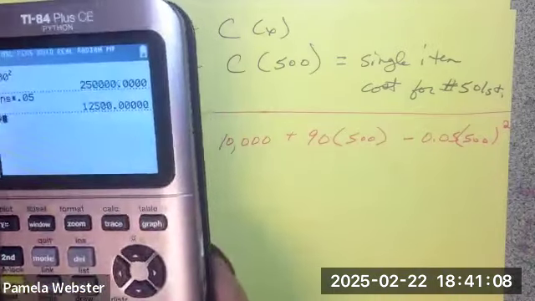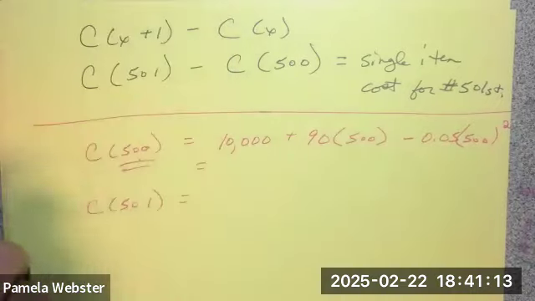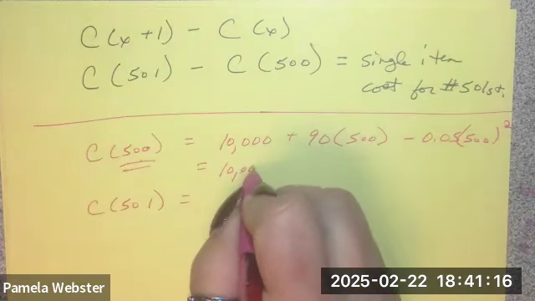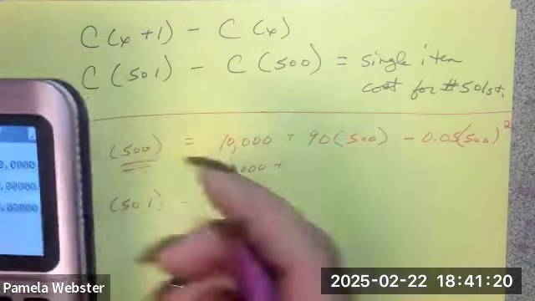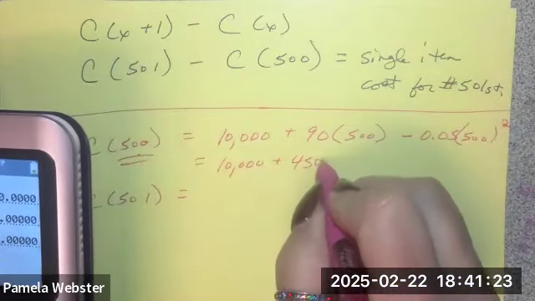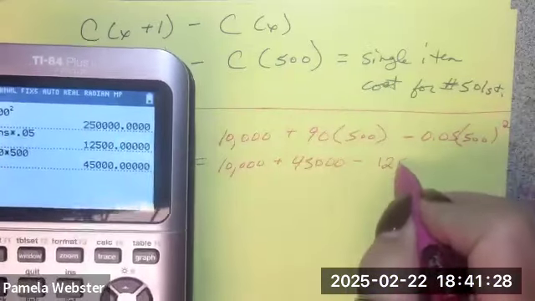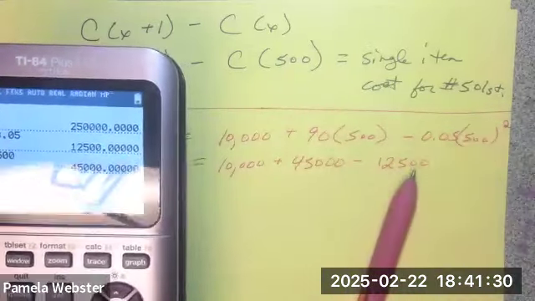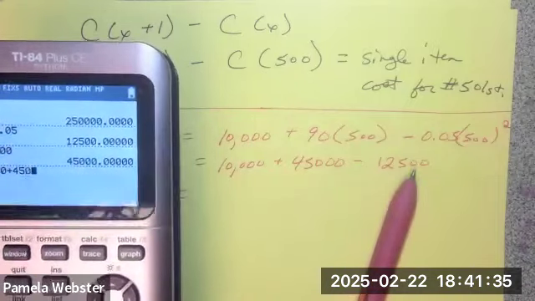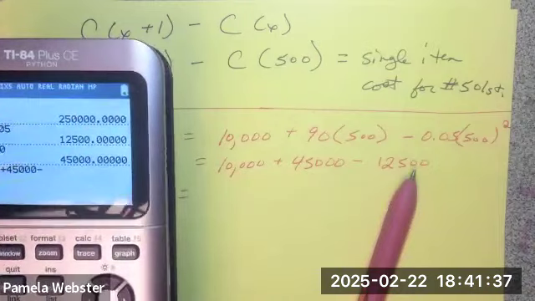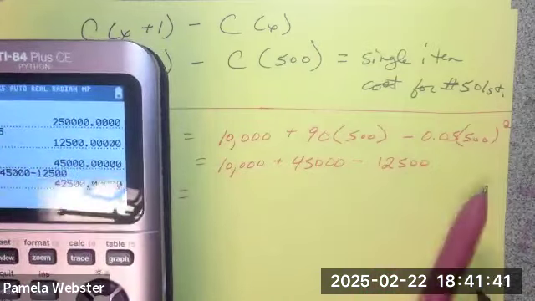And I can also do 90 times 500 and get 45,000. So I'm seeing 10,000 plus 45,000 minus 12,500, and I'm getting 42,500.